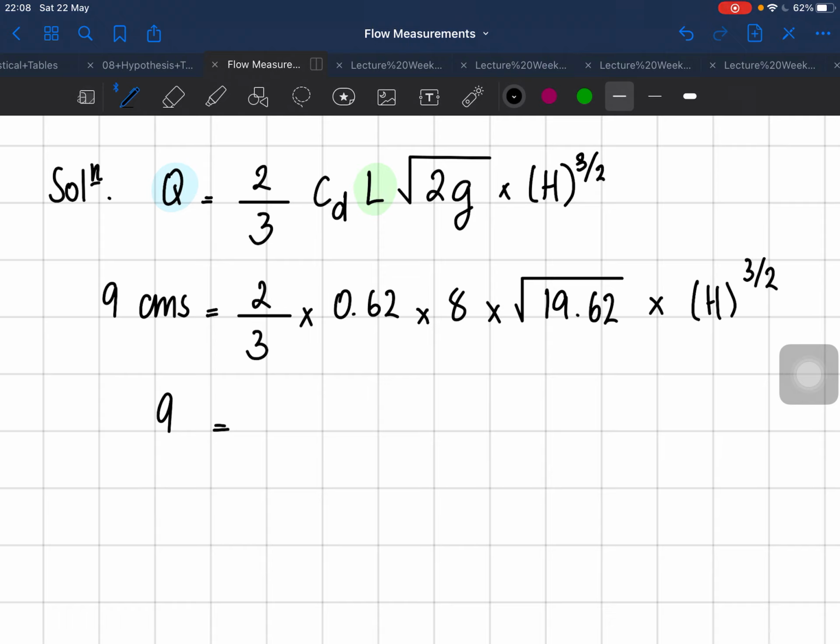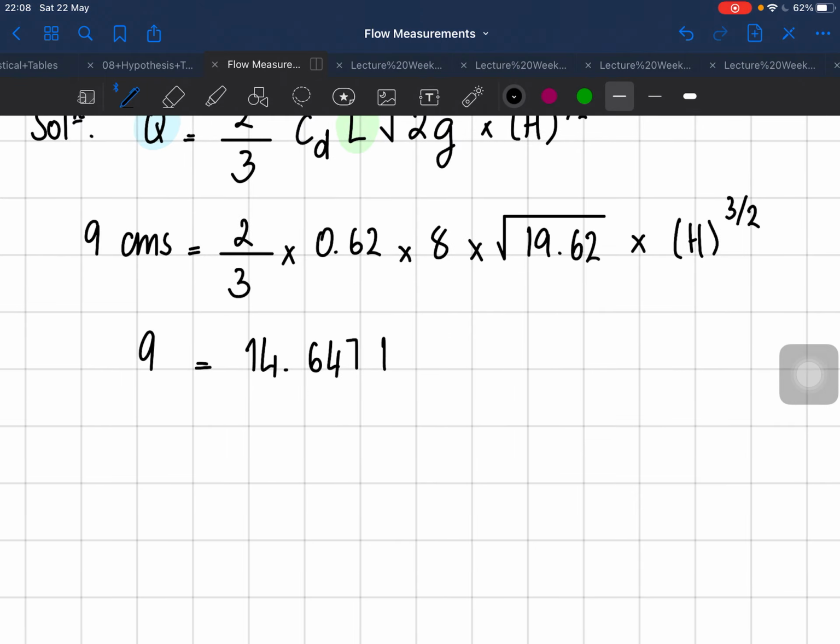The answer is 14.647. I just realized that we don't need to use a solver because we can just rearrange the equation so that we can get that one beautiful equation here. So H to the power 3 over 2 equals 9 over 14.647.